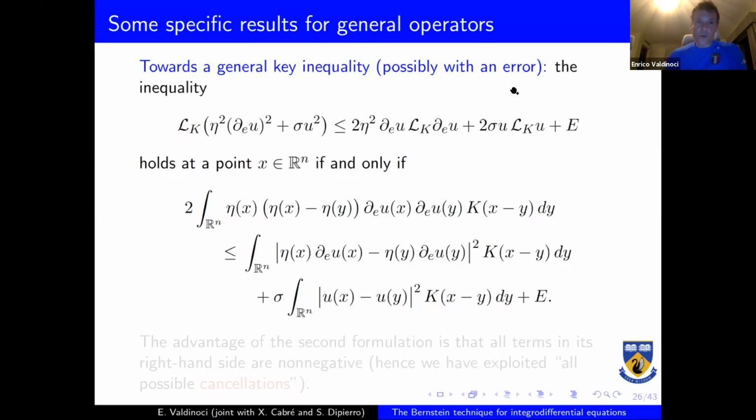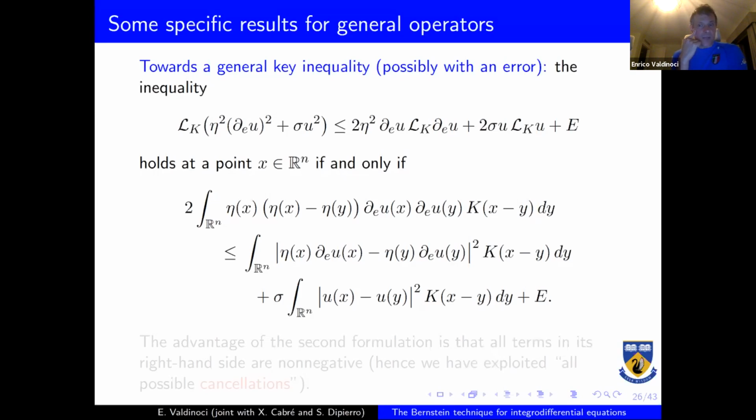The issue for proving such an inequality, even with an error, is that it's very difficult to do integral computations, sure, but what is the difficulty? It's not only that differentiating is easier than integrating. This is also a difficulty, but the more severe difficulty is that it's more difficult inside an integral to spot cancellations.